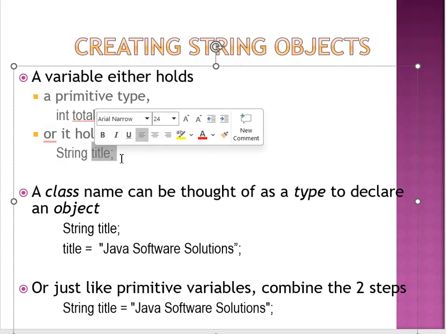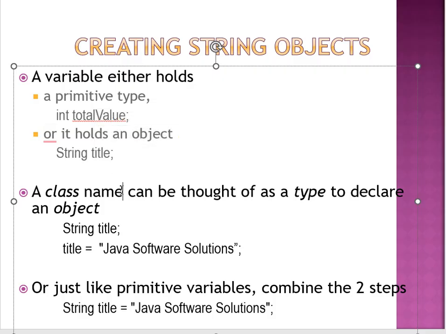So this is String, and title here can hold an object, a sentence in double quotes. That's what it means. Remember, anything contained in double quotation marks is an object.